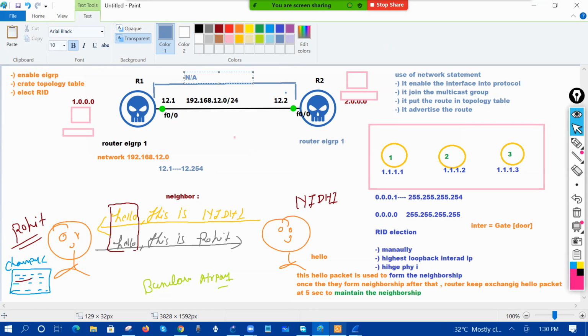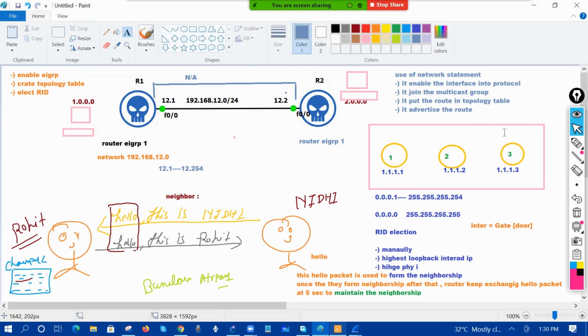This adjacency is a logical connection, guys. Adjacency is going to tell you, hey, now they can exchange this information.